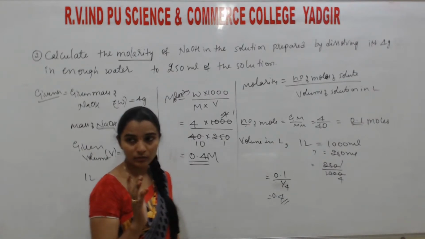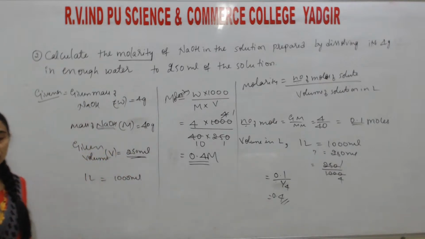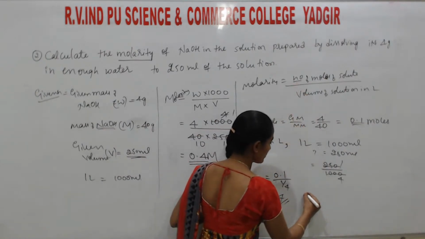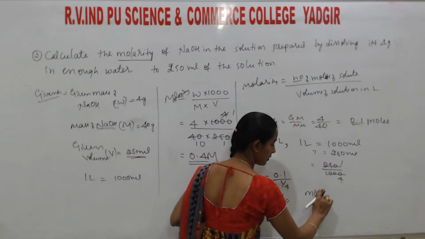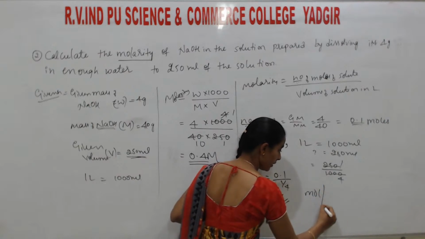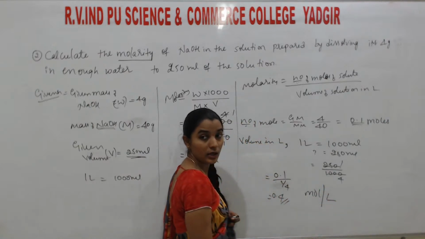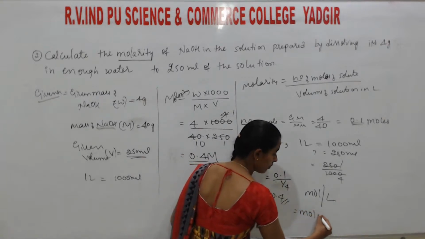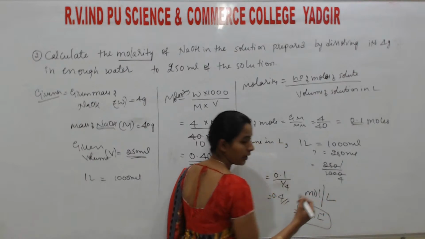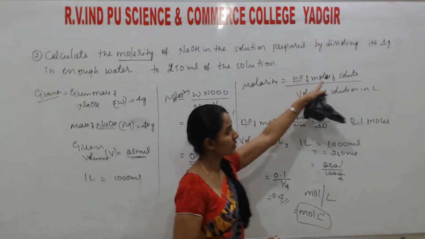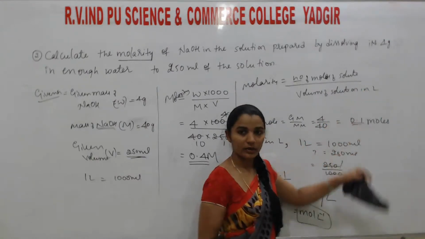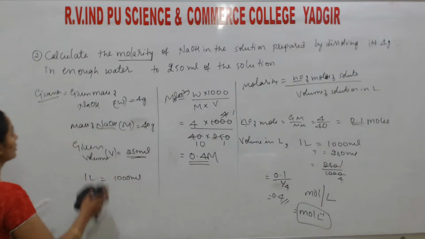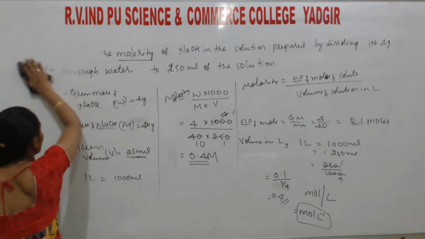That is the standard. Moles per liter is the unit of molarity. Remember, very important, you may write mole per liter like this or this, because it is moles divided by liter. Okay, so this is about molarity.